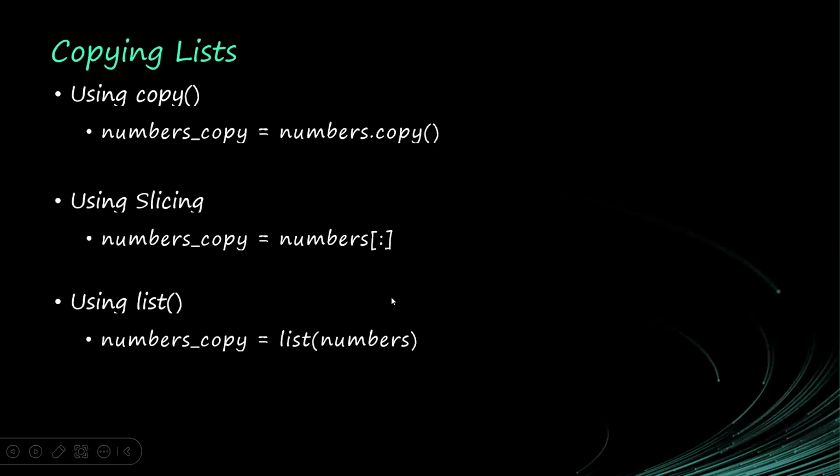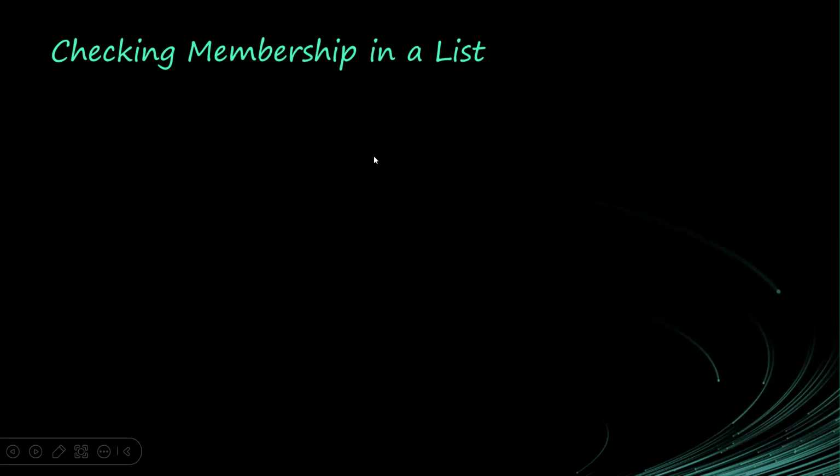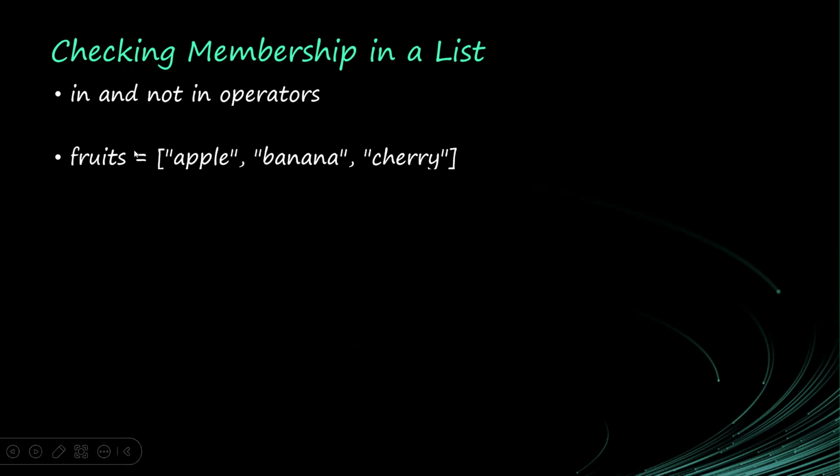Okay, all right. So you can also check if a particular element exists in a list or not. We call these the membership operators, the in and not in operators. With these membership operators, you can check whether an element exists in a list. This is how to use it. You have this list, so when you say is apple in fruits, if it is in fruits, it will return true.